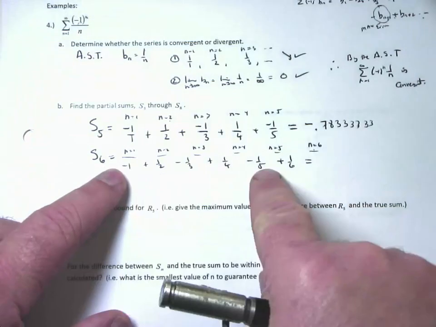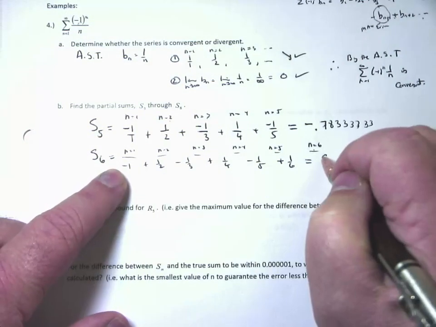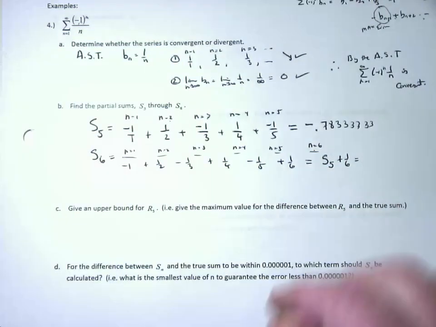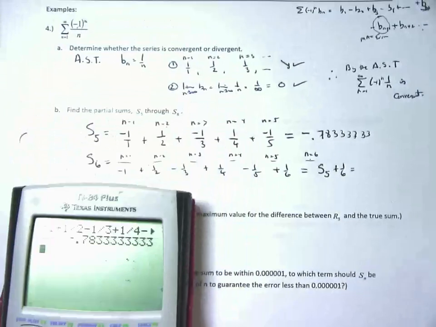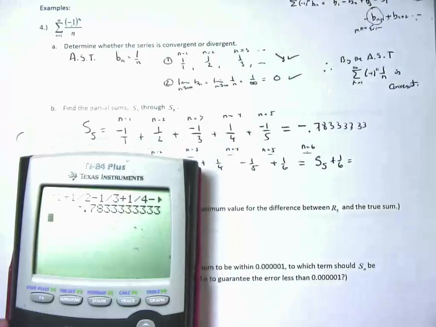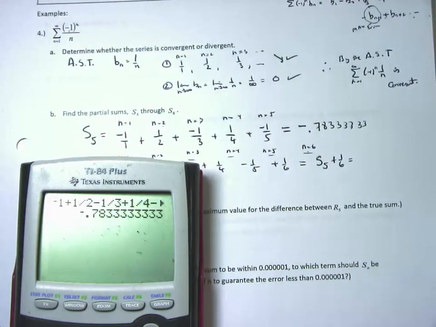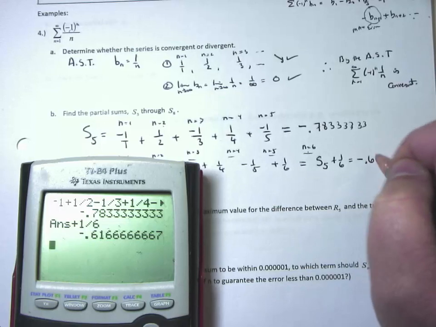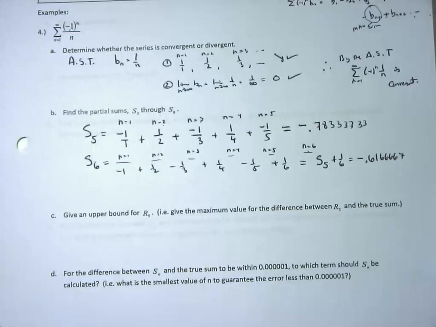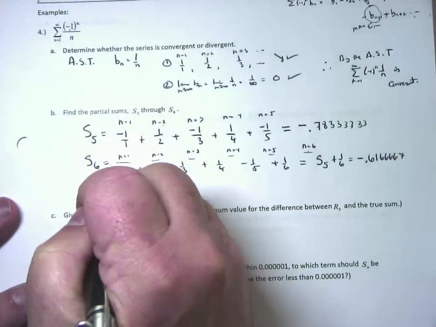Well, this first part right here is actually S5, plus 1/6. So all I have to do is take the last answer on my calculator and add 1/6 to it. When I add 1/6, I get negative 0.61666667.